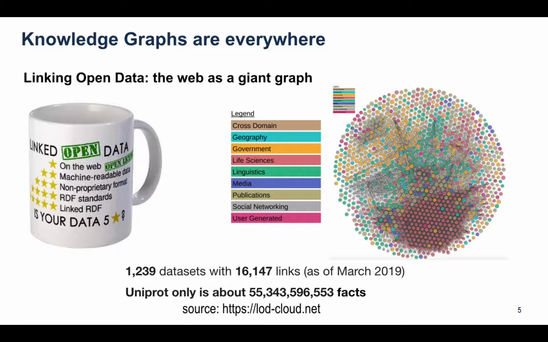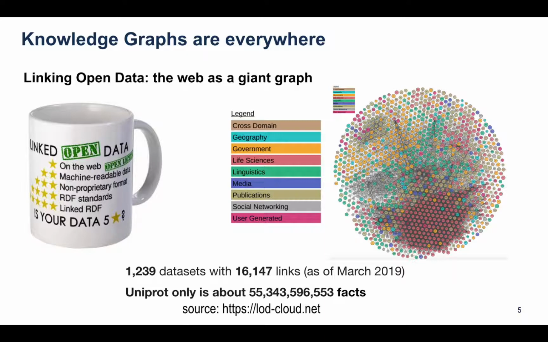knowledge graph. The first one, well, it's on the web. The second is machine readable data. It's not just web pages for people to read. If you take a Wikipedia page, you could have the counterpart in Wikidata, which is a machine readable form. So data for people and for machines. Non-proprietary format, open standard for everybody.